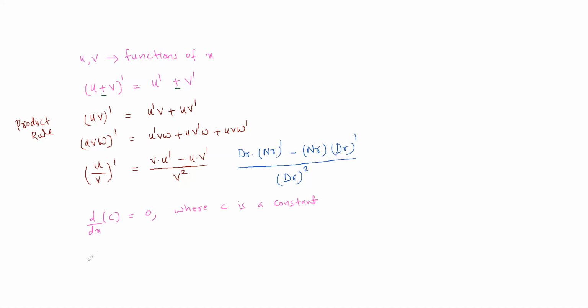But the limit of a constant is the constant itself. And the derivative of a constant into a function is equal to the constant into the derivative of that function; you can take the constant outside. So these many things we have studied last year.